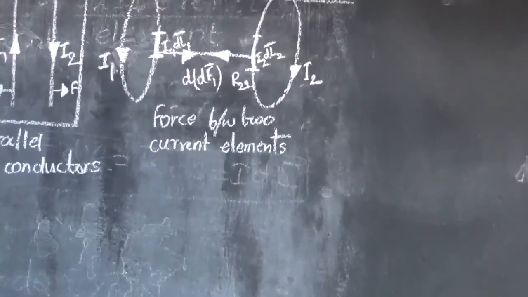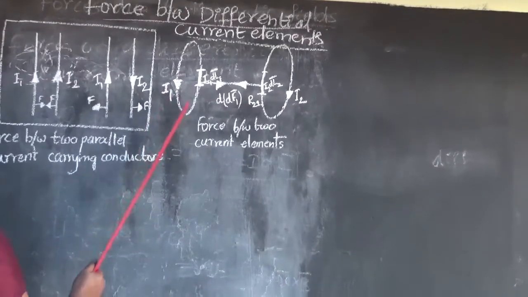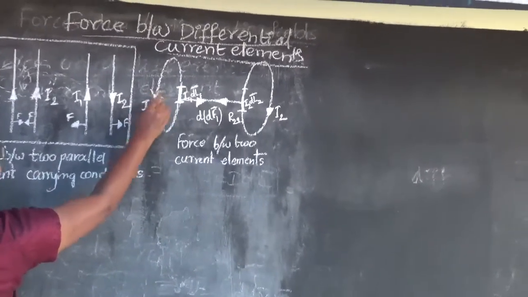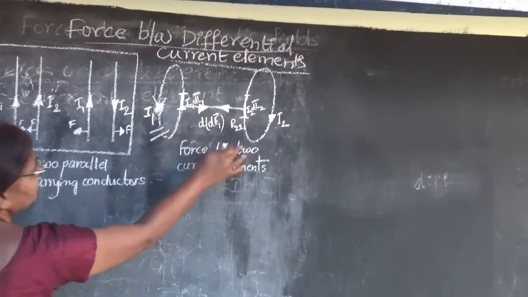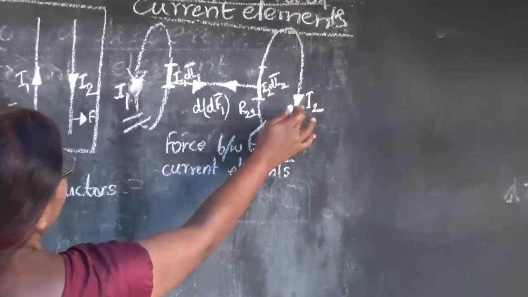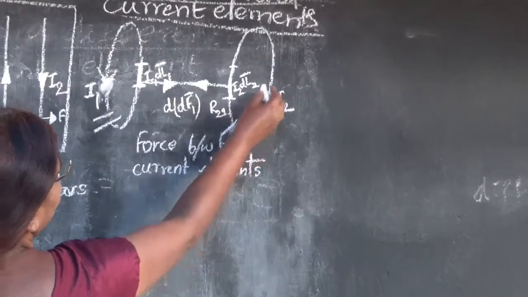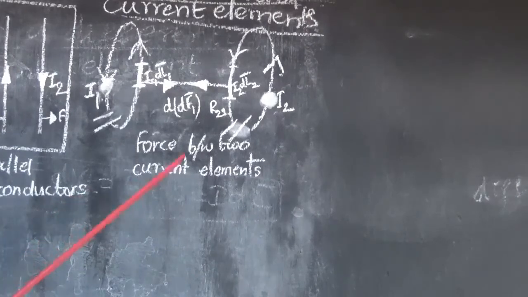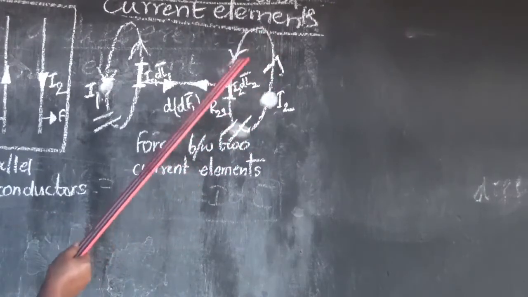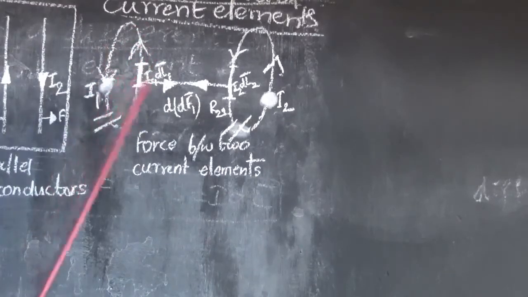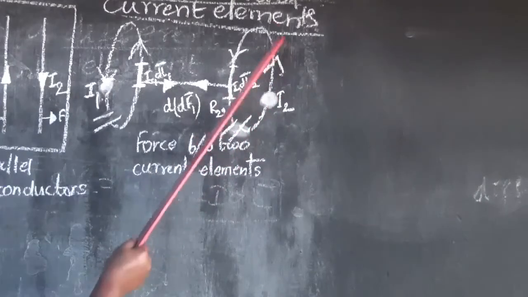In the diagram we can see two current carrying conductors having currents flowing in the same direction. Here the current direction is in this way, and here also the current direction is in this way.